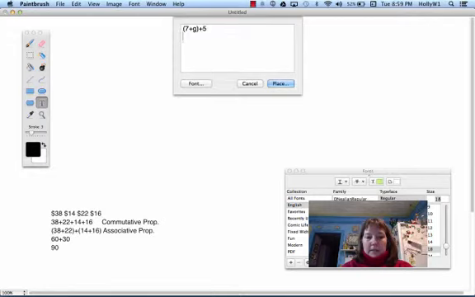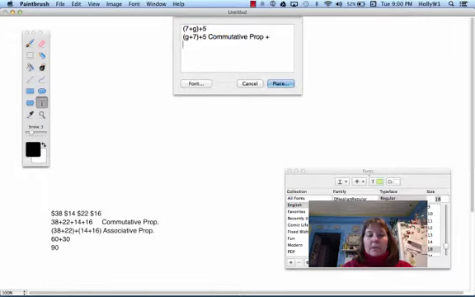So let us say g plus 7 plus 5. So we just swapped two numbers around, and we know that that is true because of the commutative property under addition. I'm not going to spell that right today, am I? Under addition.